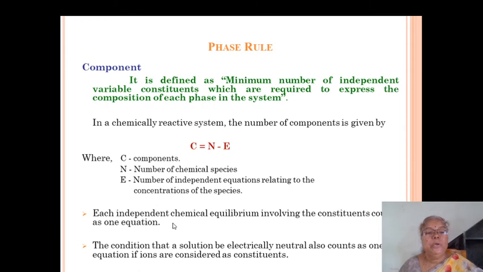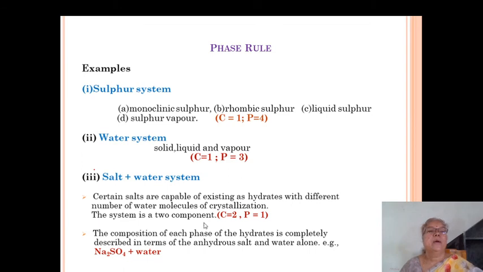Here, each independent chemical equilibrium involving the constituents counts as one equation. The condition that a solution be electrically neutral also counts as one equation if ions are considered as constituents.